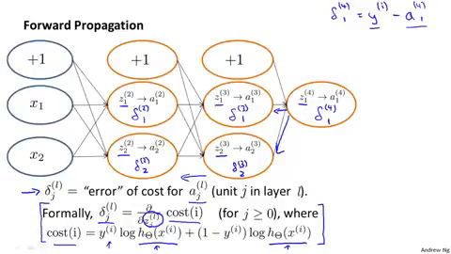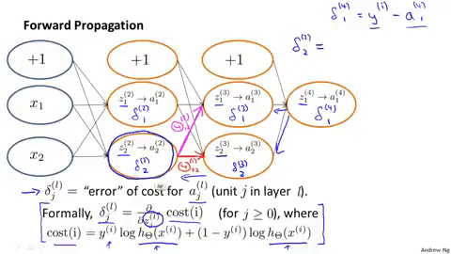So here's what I mean. Let's look at how we end up with this value of delta 2.2. And similar to forward propagation, let me label a couple of the weights. So this weight, which I'm going to draw in cyan, let's say that weight is theta 2 of 1,2. And this weight down here, let me highlight this in red, that's going to be, let's say, theta 2 of 2,2.